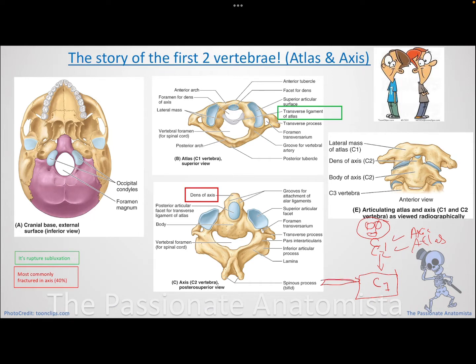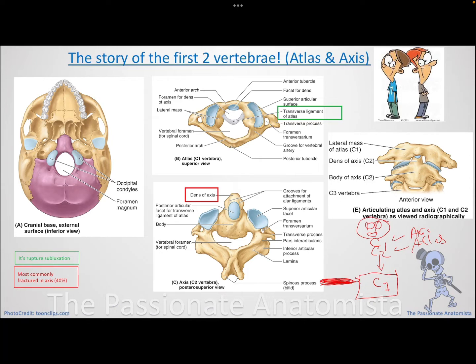The C7 spinous process is the most prominent one in the neck. Sorry, I forgot to bring a picture of that, but you can just Google it. You Google C7 prominent surface anatomy, and you will see a lot of neck pictures showing you how the C7 spinous process is most bulging.